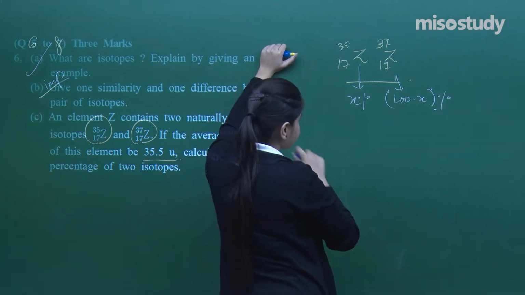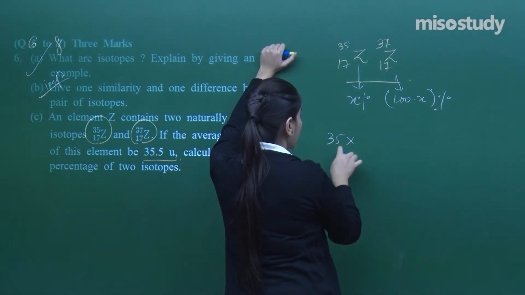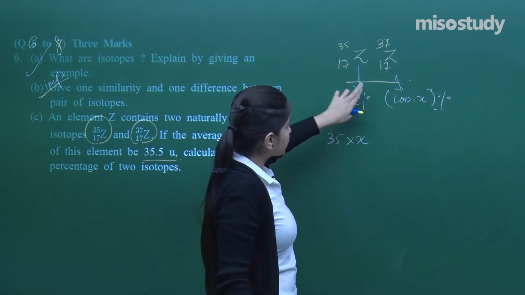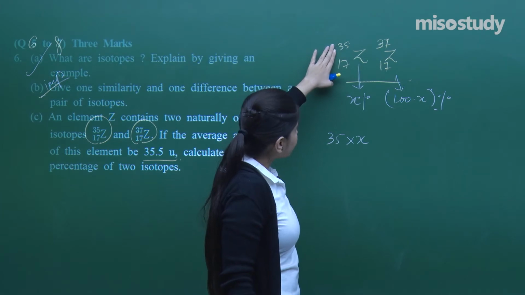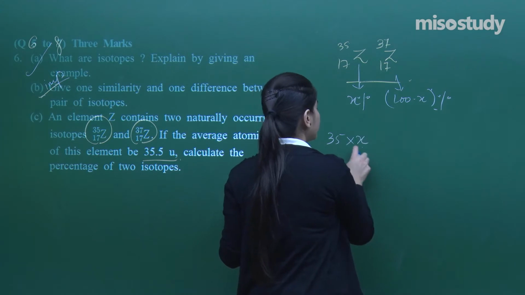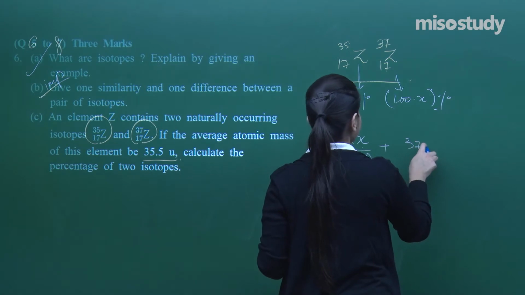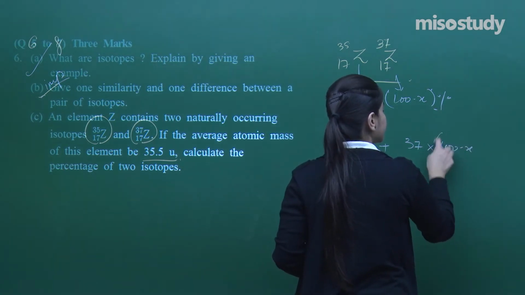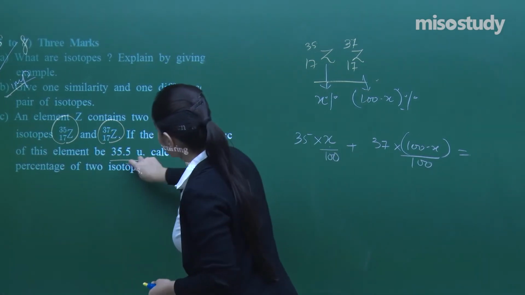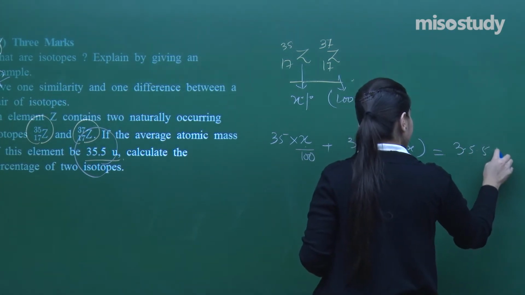Now what do you need to do? Just put in the values. So the 35 isotope has this much abundance, that means this much percent of this isotope is present. So I can calculate the total mass present in that sample. 35 into X, plus 37 into (100 minus X), all divided by 100, will be equal to the average mass, which is 35.5 units.